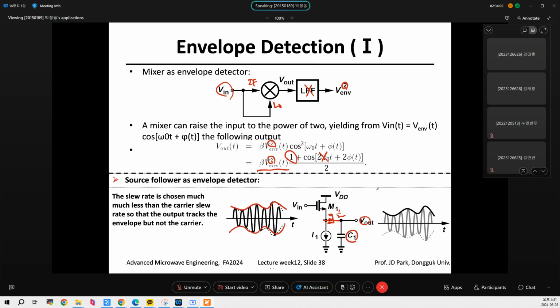So the output is 1/gm plus 1/sC, which makes this 1 plus sC/gm over 1. This is a low pass filter, so you have a low pass filter which takes out this high frequency signal and takes out the envelope only. Okay, so this tracks.